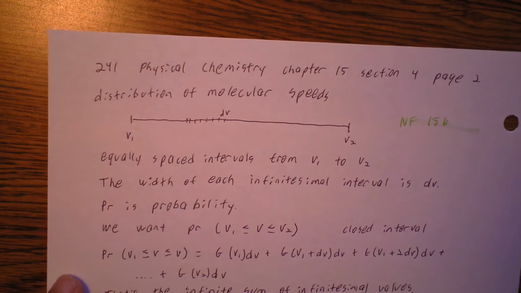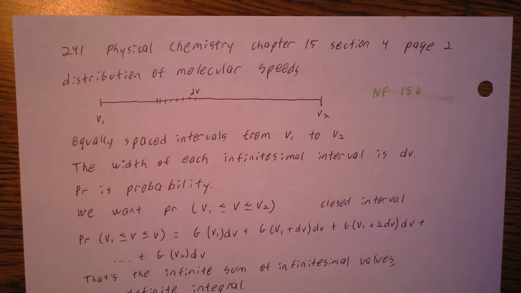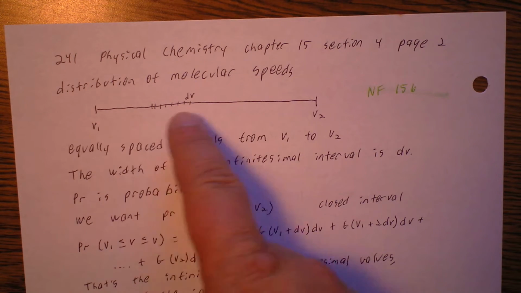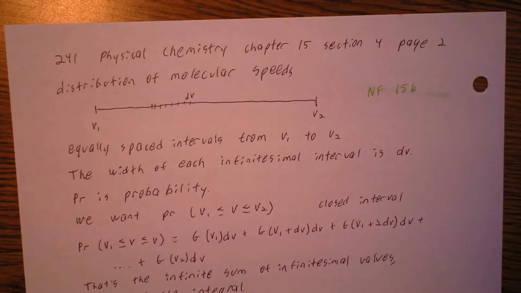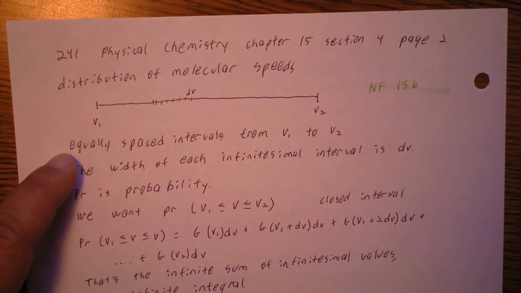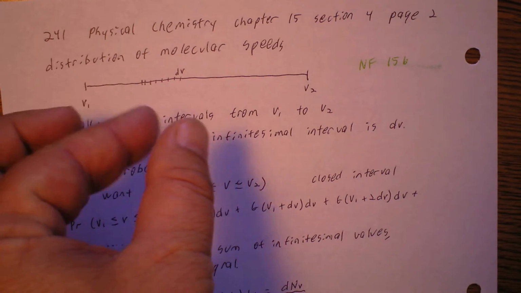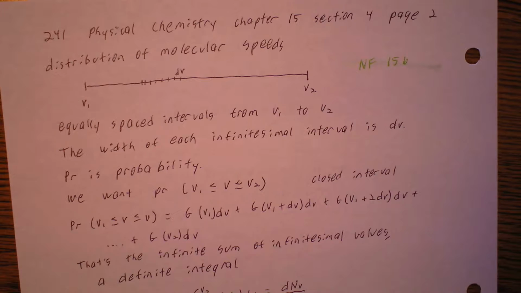So let's talk more about this distribution of molecular speeds. So we have a v1 and a v2. Let's say we have equally spaced intervals from v1 to v2, and each one is dv. The width of each infinitesimal, so they're infinitely thin, remember, is dv.